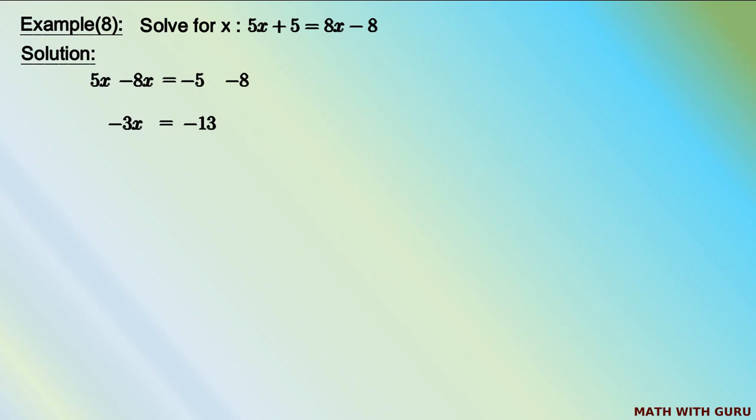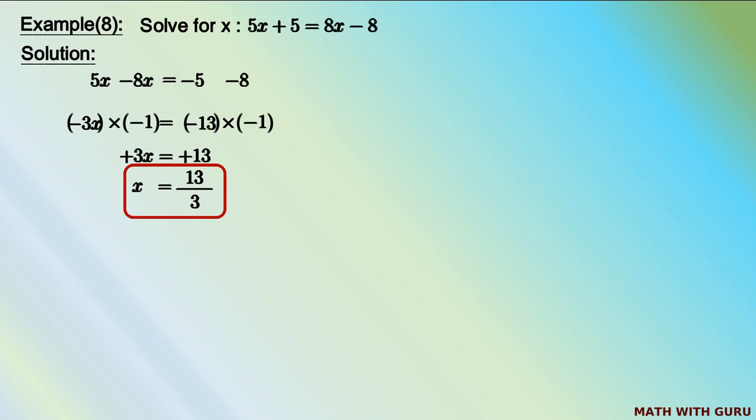To make 3x positive, let us multiply both the sides by minus 1. We get plus 3x equals plus 13. 3 into x equals 13. Bring 3 to the right hand side. Transpose 3 to the right hand side. It divides 13. Therefore, x equals 13 over 3.